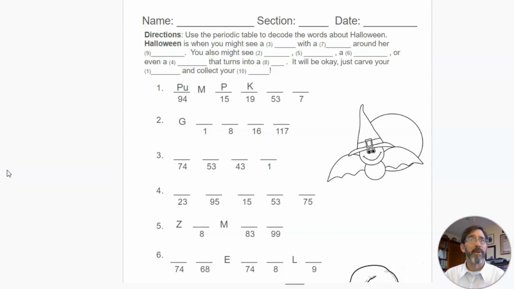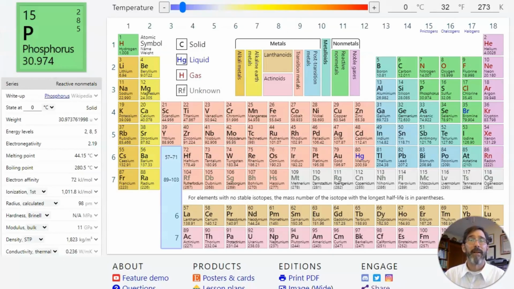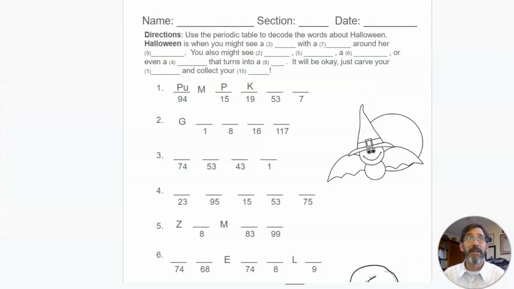Next up, number 53. Number 53 is all the way over next to the noble gases and the reactive nonmetals. That would be iodine, capital letter I. In place of the 53, go ahead and write a capital letter I. Next up, number 7.